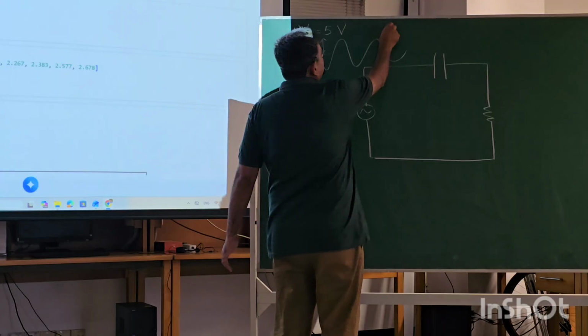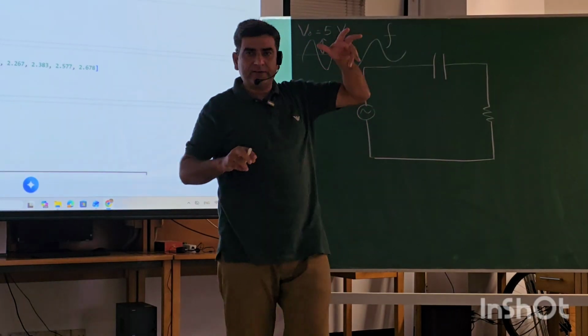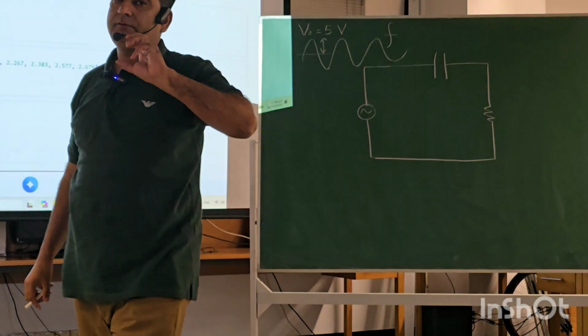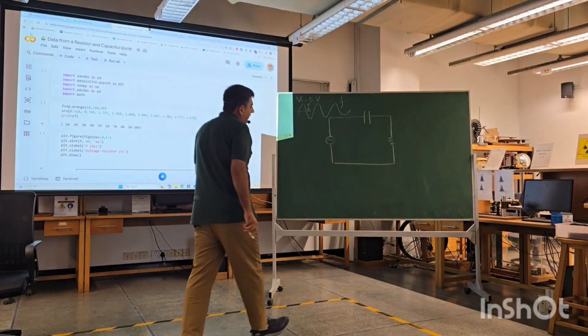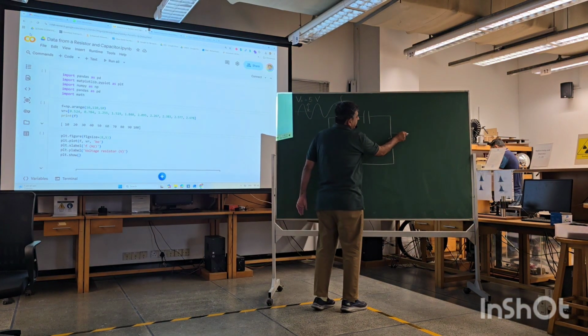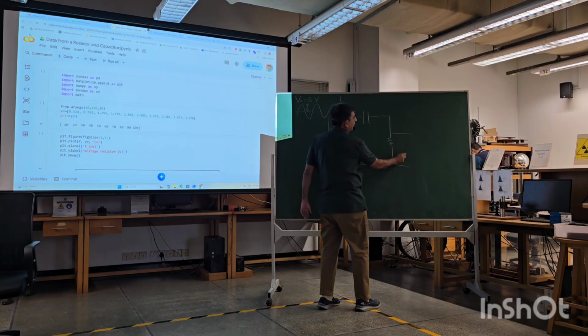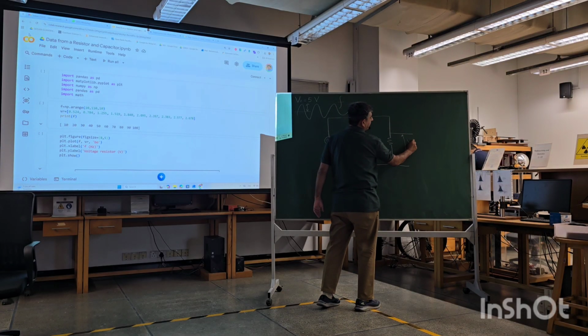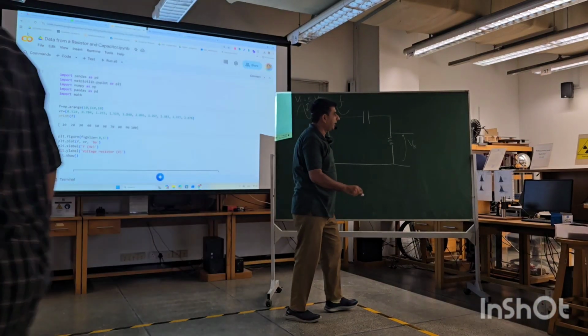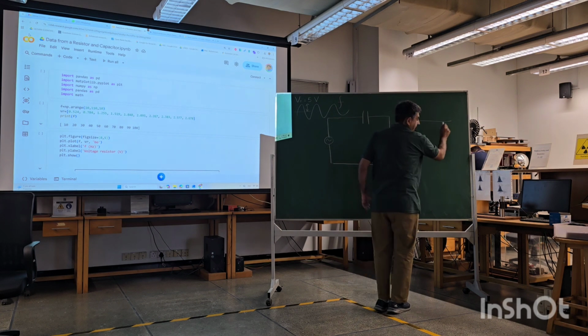And what we did was we varied the frequency F, very simple, and we looked at the voltage generated across the resistor. We call this VR. There was an output.